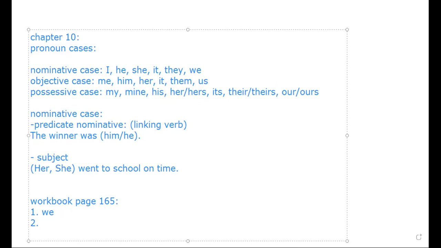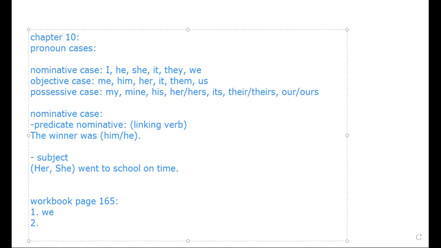Guys, you need to really work on getting yourself familiar with which pronouns are objective and which pronouns are nominative. They're very easy. This is something that you probably were introduced to since you were kids, but the only difference here is the terminology. Now, were you calling them nominative case pronouns and objective case pronouns?